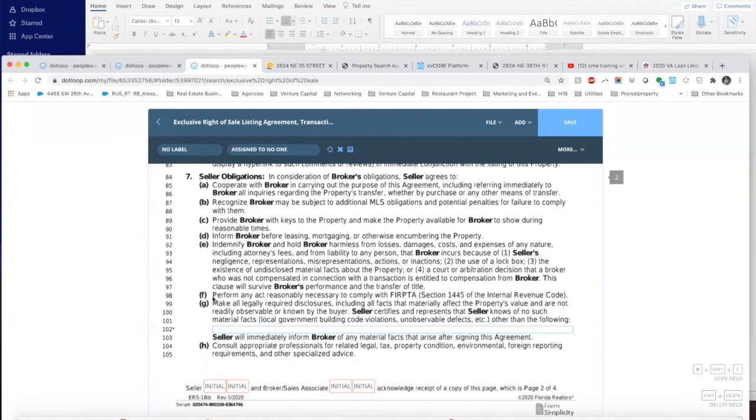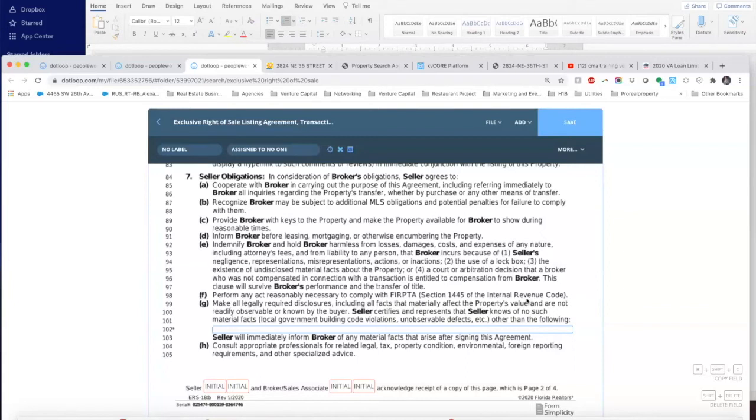Then the next one is to perform any act reasonably necessary to comply with FIRPTA. And we will have a session on FIRPTA with Alana in the office, where she will describe the procedure in more detail. FIRPTA is the act; basically, if the owners are not residents of the US and they live overseas, there is a certain procedure which needs to be in place before closing and before the listing too.